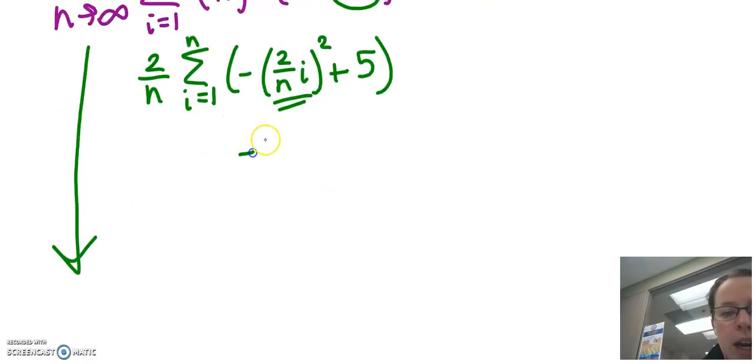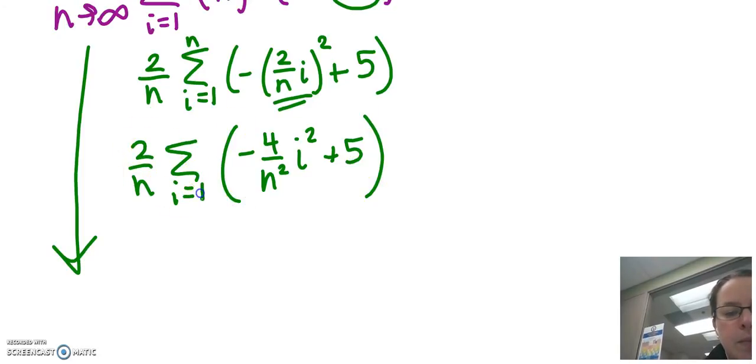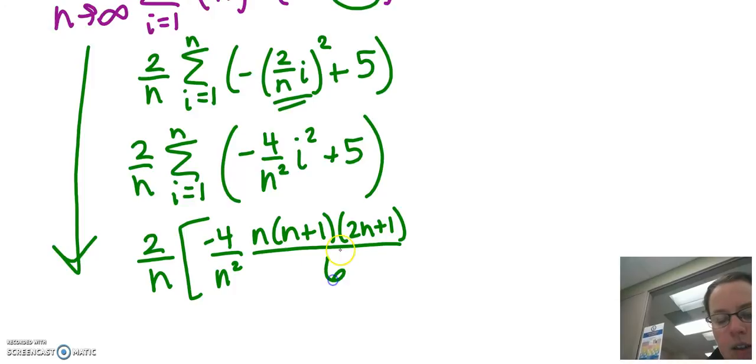So this will become negative 4 over n squared i squared plus 5. We know from our summation formulas that 2 over n, this will become negative 4 over n squared, and then this becomes n times n plus 1 times 2n plus 1 all over 6, plus 5n.